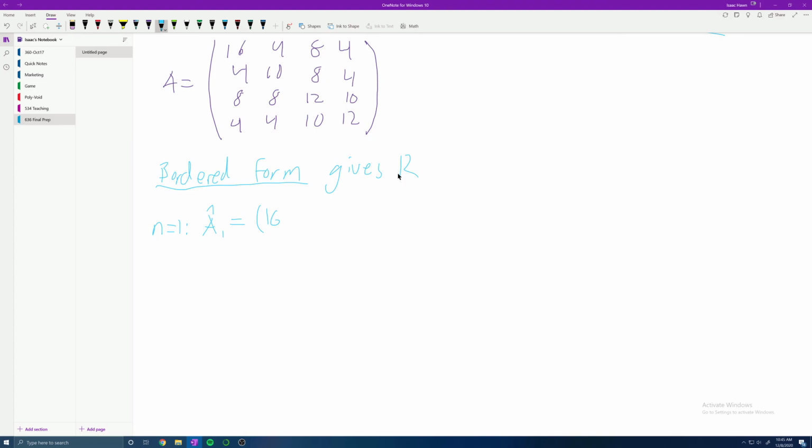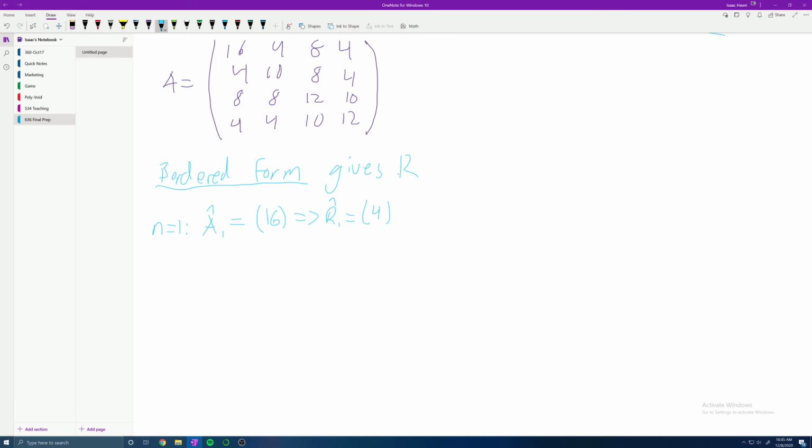That means R hat 1 is the square root of 16, which is 4. Matrix 4. So this A hat is just notation meaning the submatrix that contains 16. So the 1 by 1 principal leading submatrix there for matrix A. Okay, so we have our first part here.